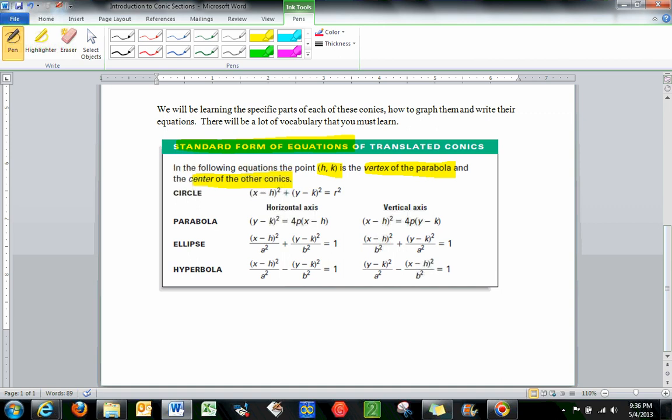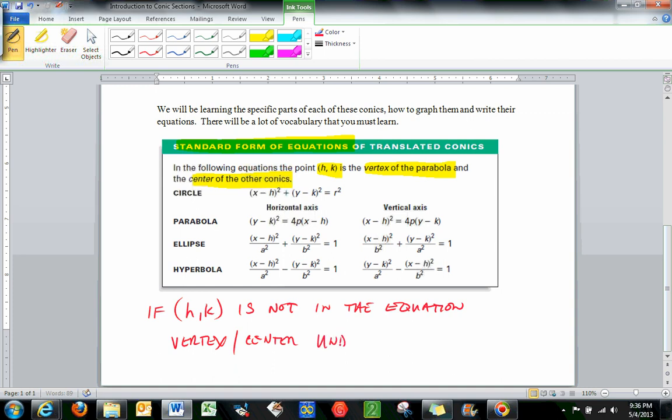Now, one thing we need to understand, if the h or k is not in the equation, then the vertex or the center of the conic section is understood to be 0, 0. So that's a very important concept.